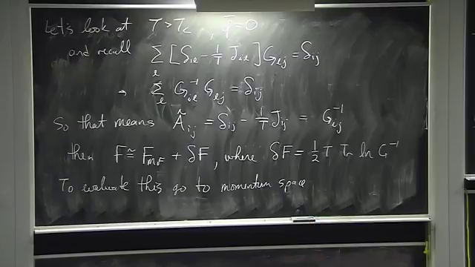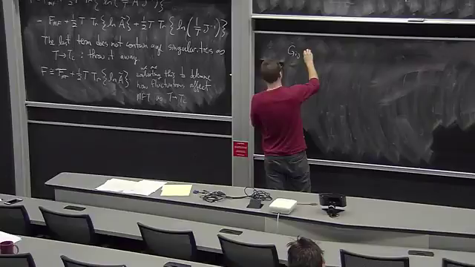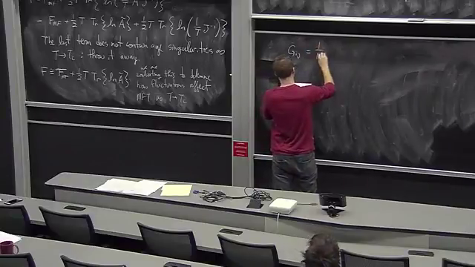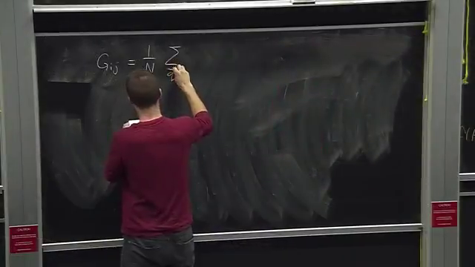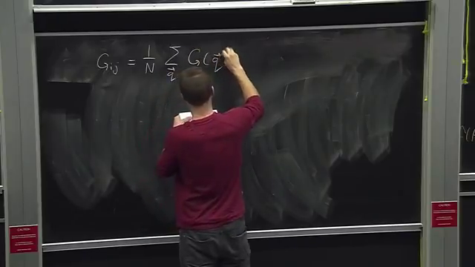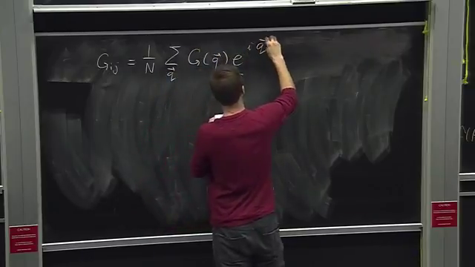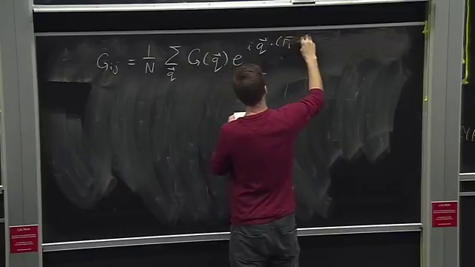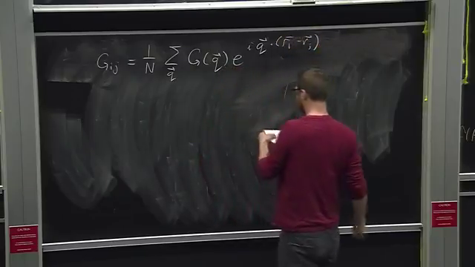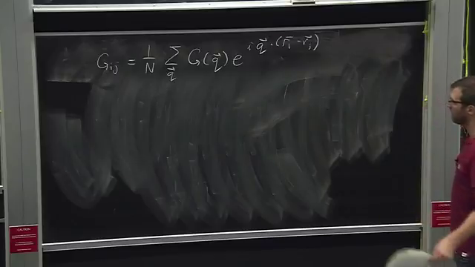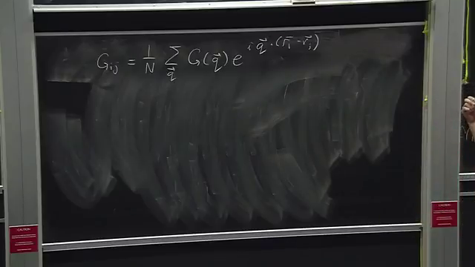This is what I want to replace. Oh, maybe I want the inverse, G inverse. Doesn't matter, it's just another matrix, right? So I have a trace. I'm not going to do this again because I think it's just confusing.